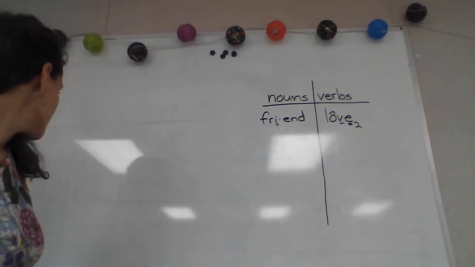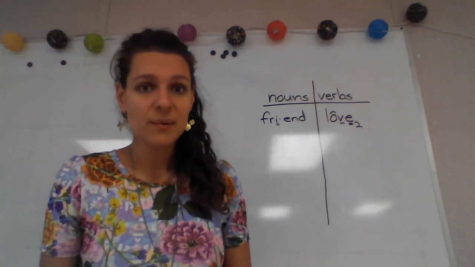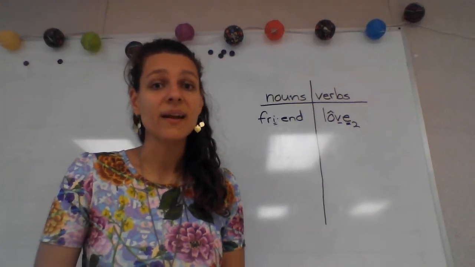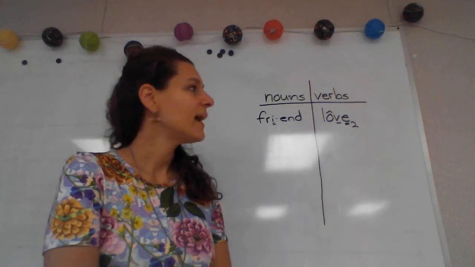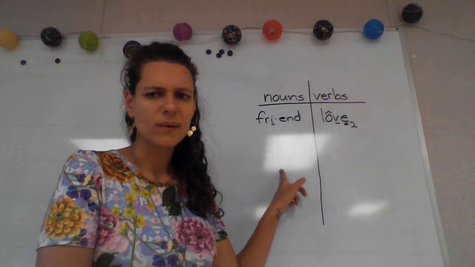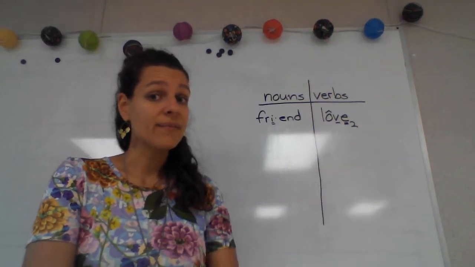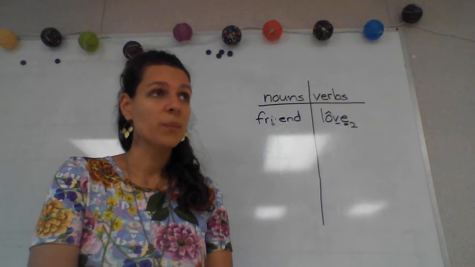All right, the next word is father. What's the word? Good, father. Now, is a father a person, place, or thing, or is it an action? My father was a teacher.